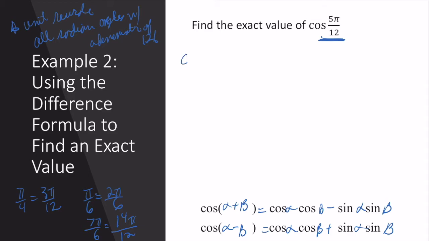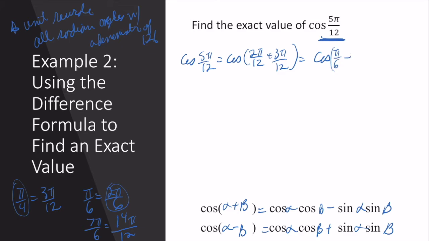Well, if I have the cosine of 5 pi over 12, that's the same as the cosine of 2 pi over 12, which is pi over 6, and 3 pi over 12, which is pi over 4. So now I have the cosine of pi over 6 plus pi over 4.